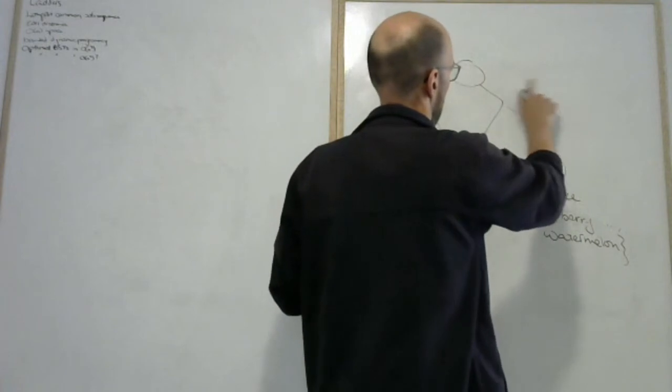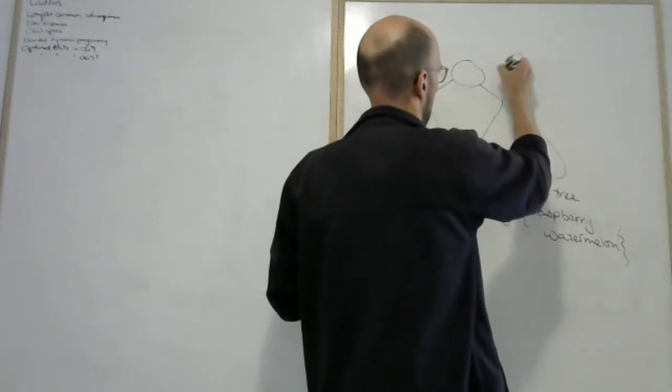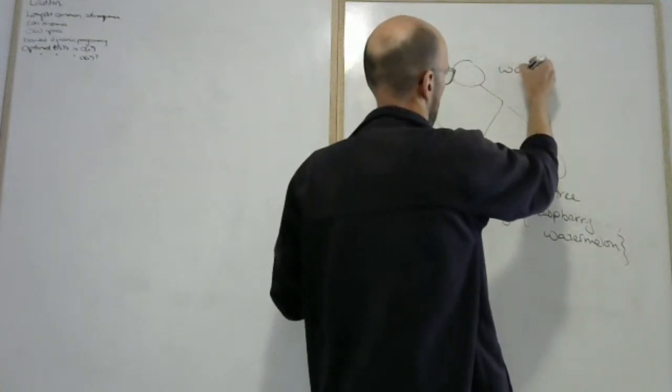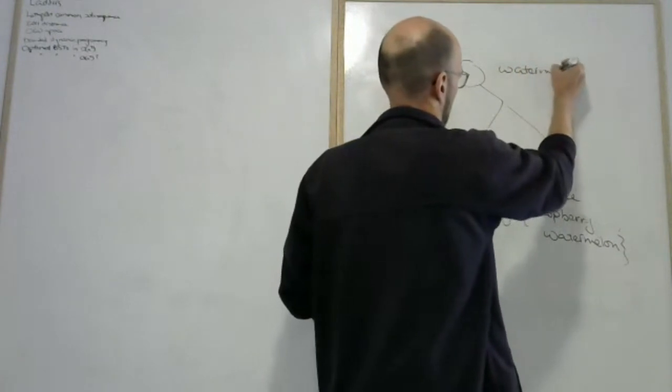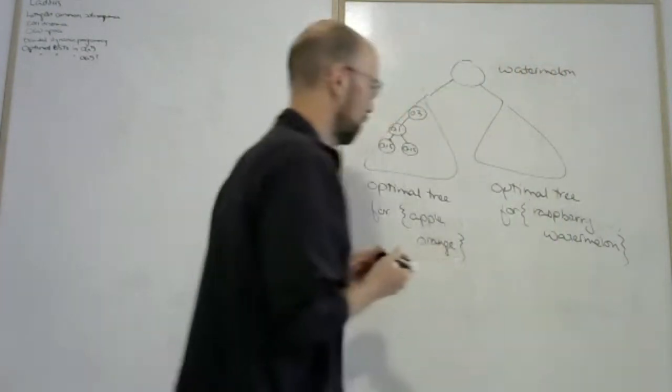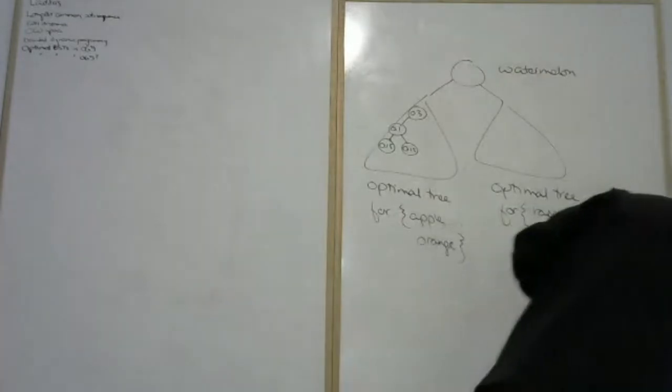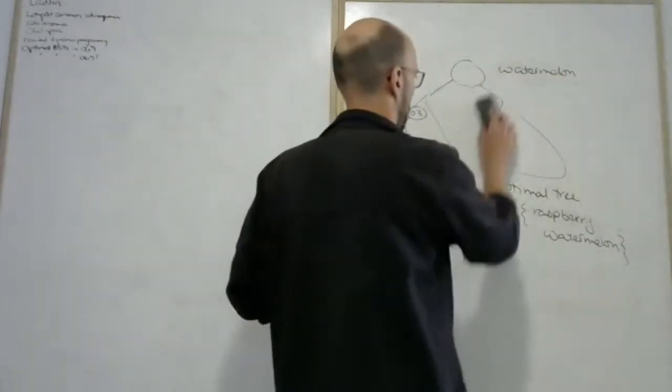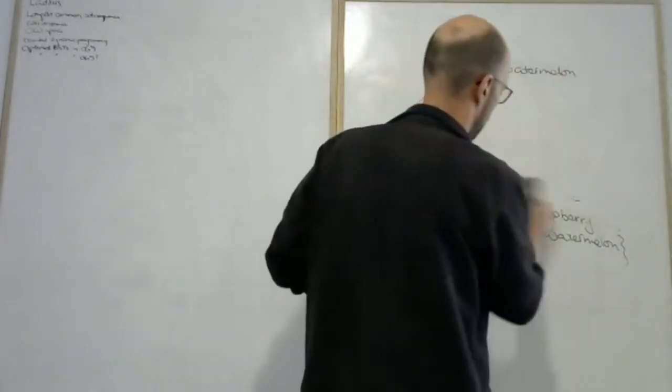Okay, let's do this. No, n minus 2, watermelon. So this is now empty. How would you figure out what this cost? This is now empty.